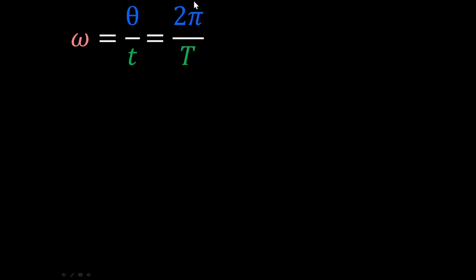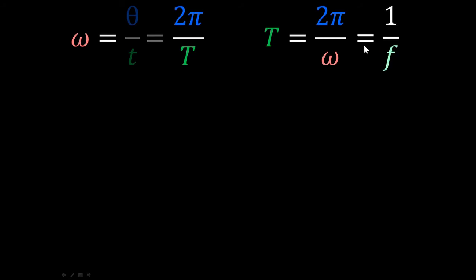So going all the way around, the angular distance all the way around divided by the time all the way around would be the angular velocity. And if we just kind of hide that and just look at this for a second, rearrange that and solve for T, we get that the period is 2 pi over angular velocity. And don't forget that the period was also the reciprocal of the frequency.